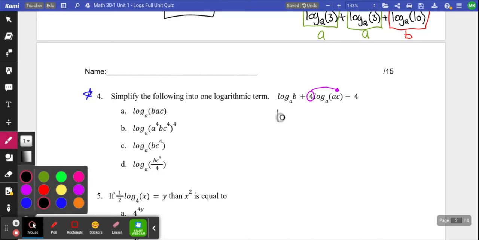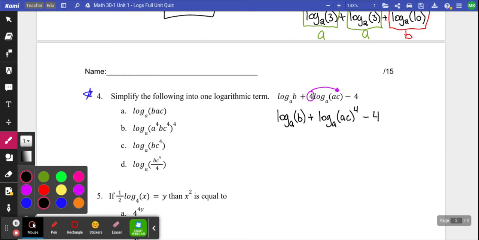So this becomes log a of b plus log a of c to the power 4, like that. Then it gets tricky. There's all kinds of mistakes and baiting tricks that they could probably get you to do here.